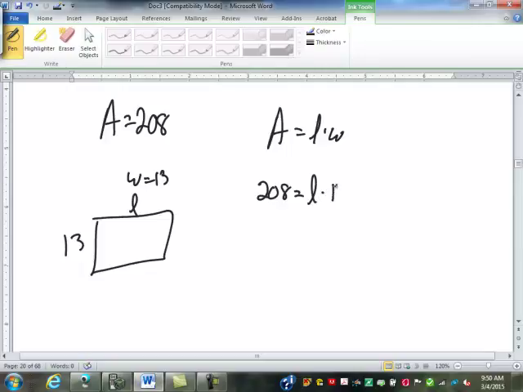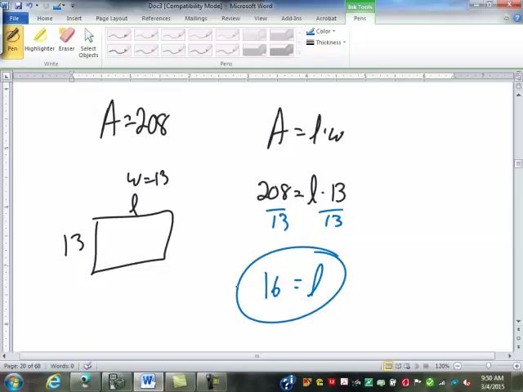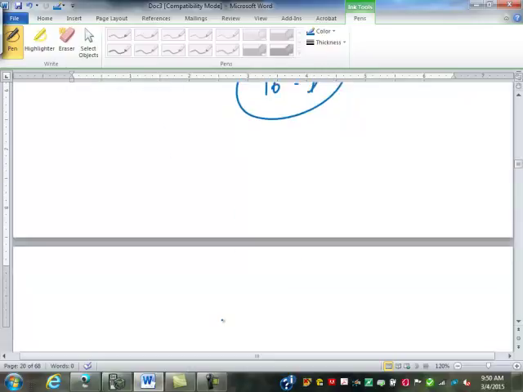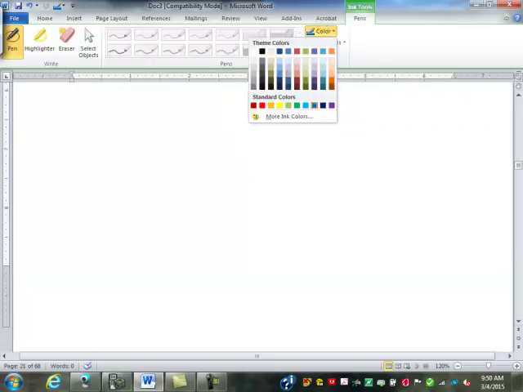We're looking for L. W is 13. How do we find L? Divide by 13, which is going to give us 16. Oh, so it's 16? Yep. I was off.